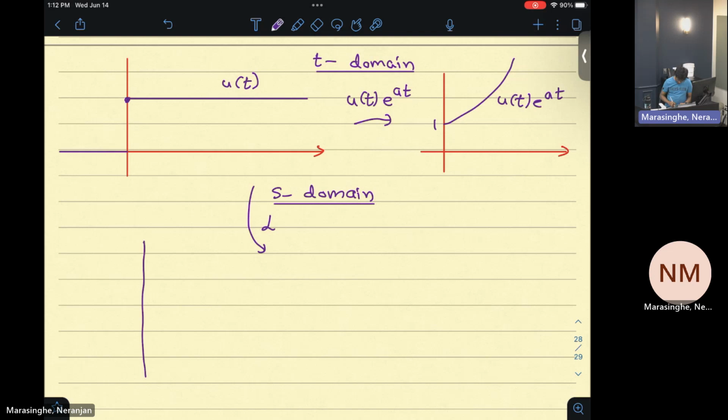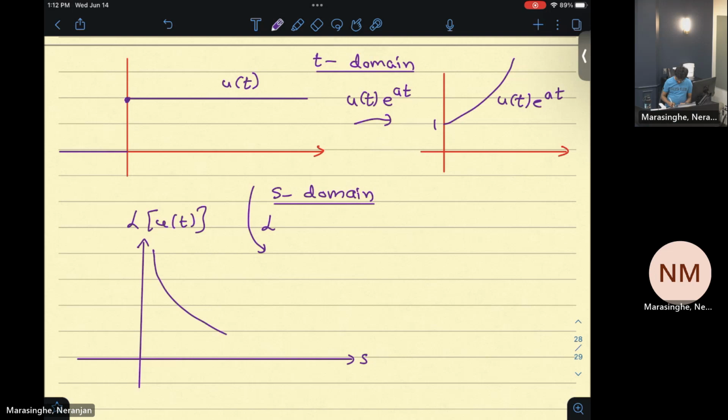So what is the graph of 1 over s? The shape of 1 over s is going to be like this. This is the Laplace transform of u(t), which is equal to 1 over s.